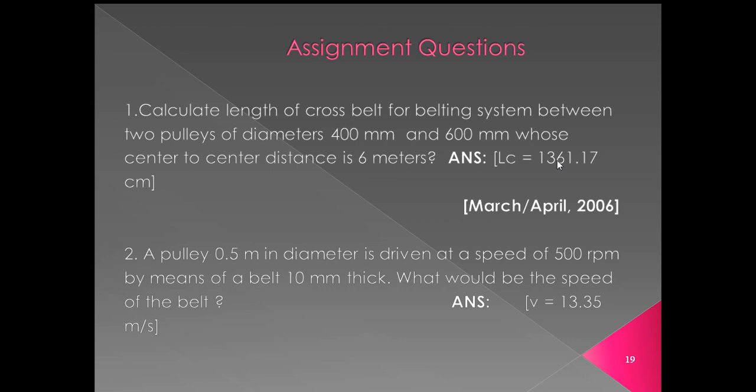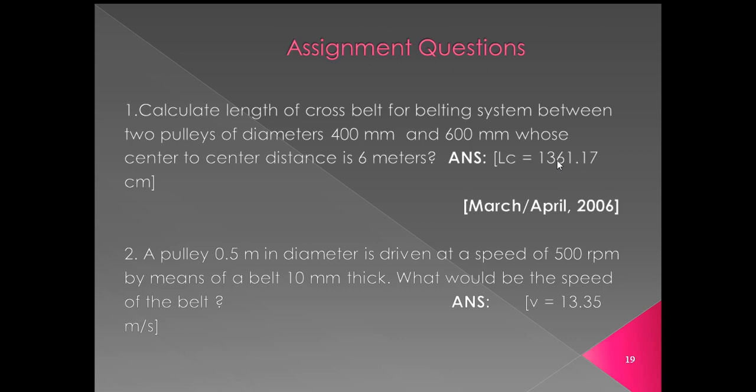So here D1, D2 and the center distance between the two pulleys are given. Then the length of the crossed belt drive is equal to pi into (R1 plus R2) plus (R1 plus R2) whole square by D plus 2D. This is the equation used to find the length of the crossed belt drive.